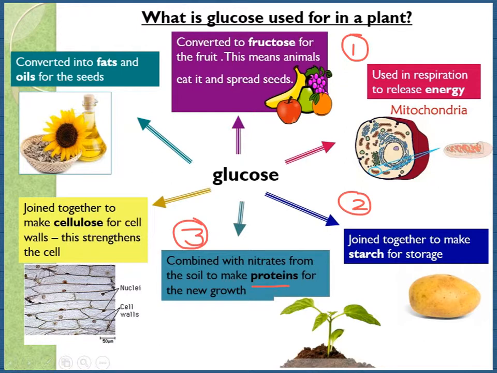It could be joined together to make cellulose cell walls. It's converted into fats for oils in seeds, and then lastly it is converted into fructose. So you can see the many things that it can be used for, and it's just a simple case, I think, of revising some examples.